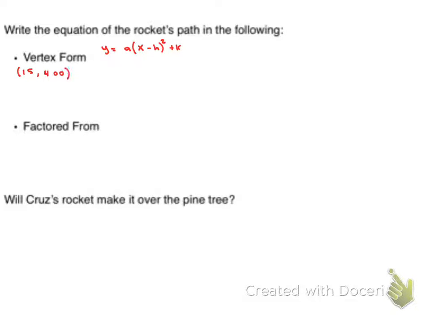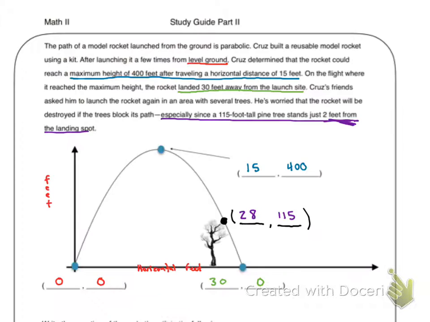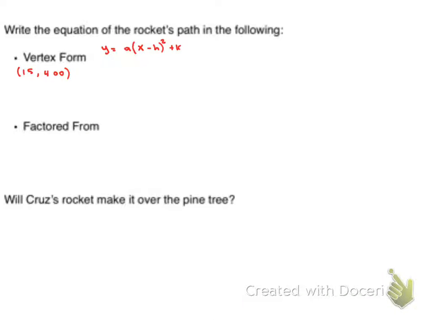And we'll also need an additional point. For an additional point, I get to pick any one of these points up here. I'm going to pick 0, 0 because that's going to be the easiest to work with. Now if I label this as my h, this is my k, this is my x, this is my y. Remember, in vertex form, h and k are the vertex.